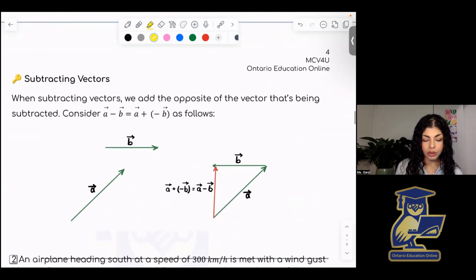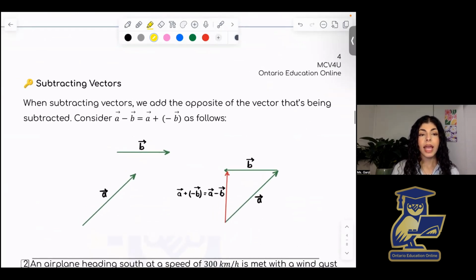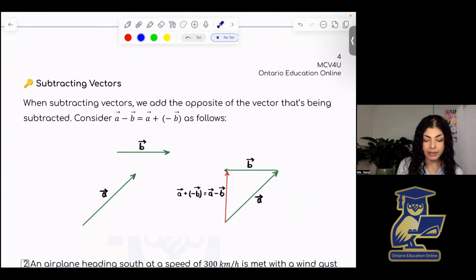Now, we also see subtracting vectors, and when you're subtracting vectors, you're adding the opposite of the vector that's being subtracted. So we're just turning it into vector addition. For example, vector A minus vector B: we're going to start with vector A, and now we're going to make vector B its opposite vector, which is just negative B, and we're going to add that.